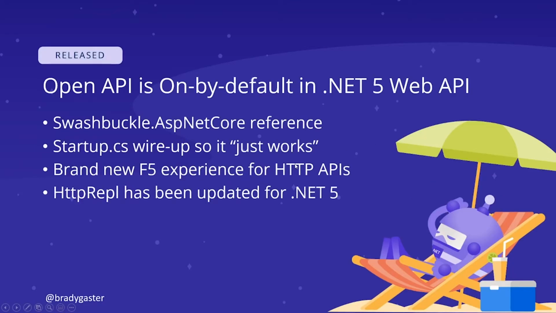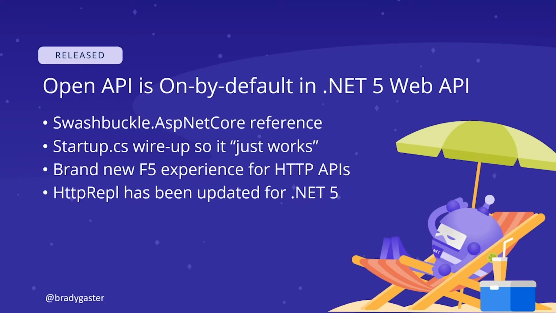So what is Open API? Open API is a set of specifications that has been published to generate web API documentation for the developers who are developing the API, and also the consumers who are going to consume the API.